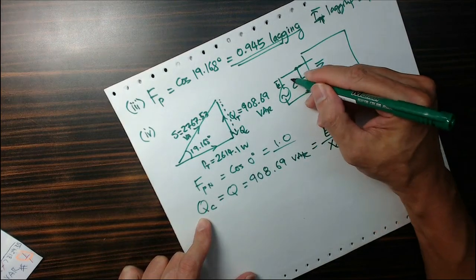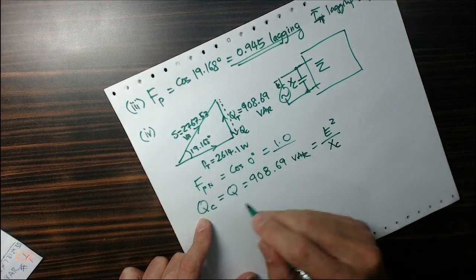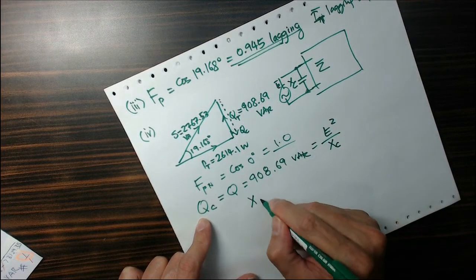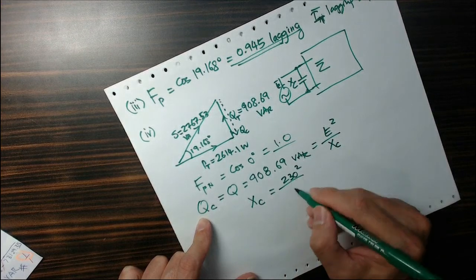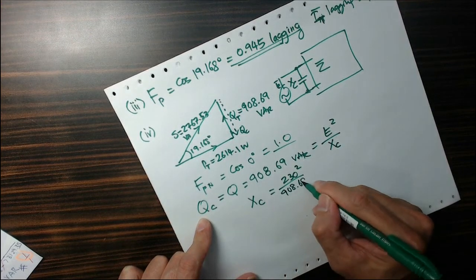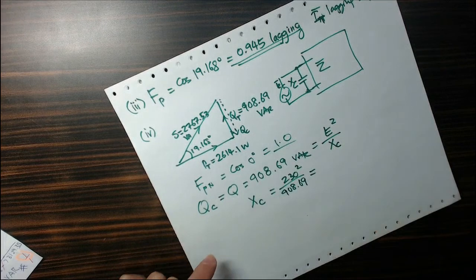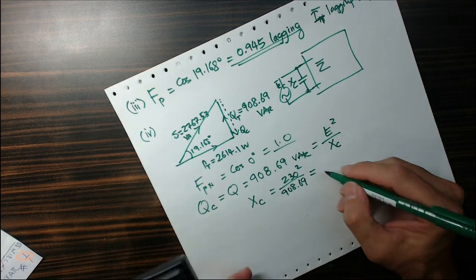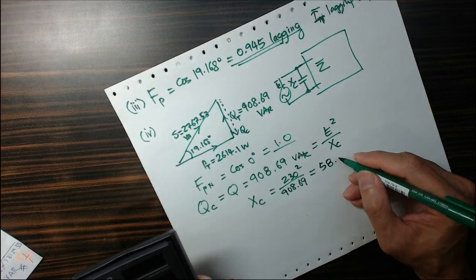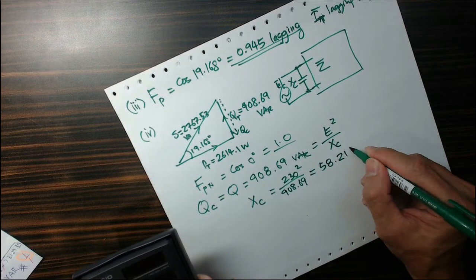So from this I can determine XC equals 230 volts squared divided by 908.69. That will give me the reactance of 58.216 ohms.